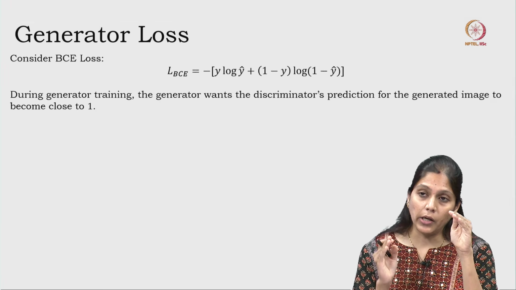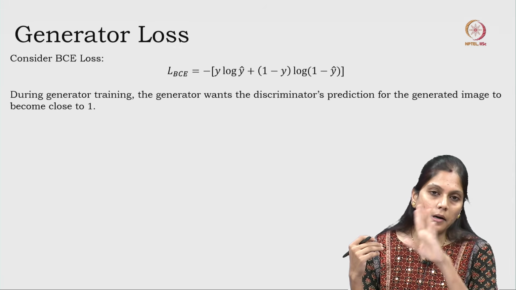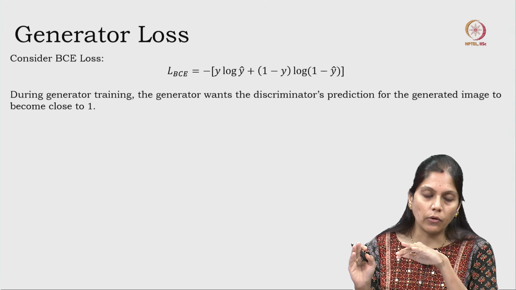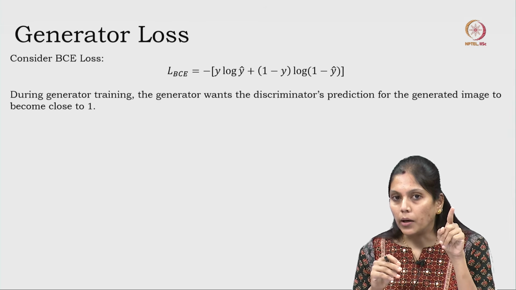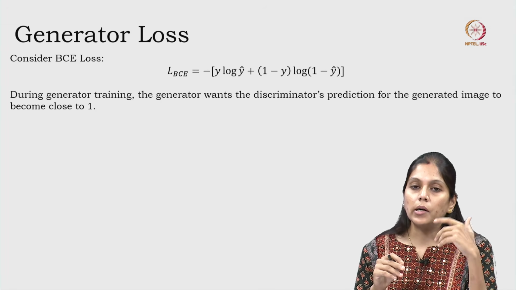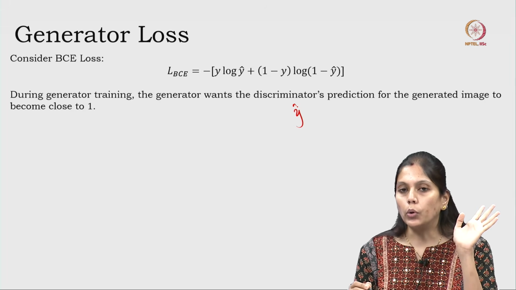If the prediction is closer to 1, what is the ideal meaning? The generator has generated a realistic image. That's the meaning of it. So that's the ultimate aim: during generator training, the generator wants the discriminator prediction, y hat, to be closer to 1.